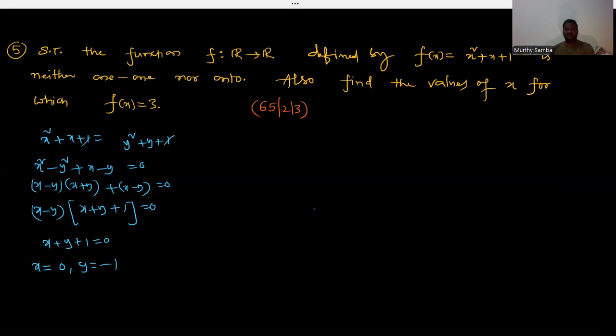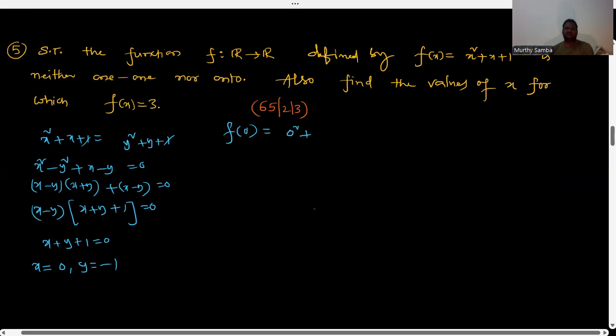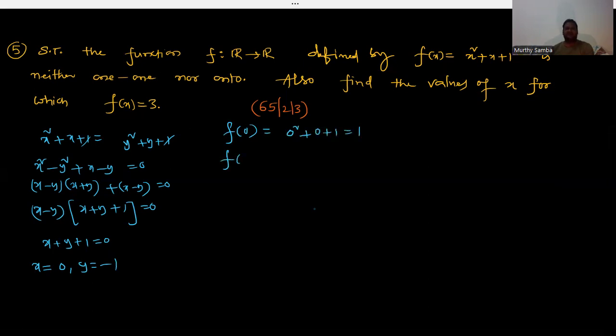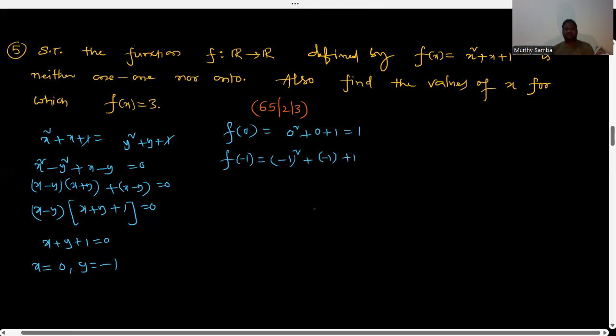Why am I taking these two? I am finding the value of f of 0. When I find f of 0, it is 0 square plus 0 plus 1, which is equal to 1. And find the value of f of minus 1: minus 1 whole square plus minus 1 plus 1, which is equal to what?